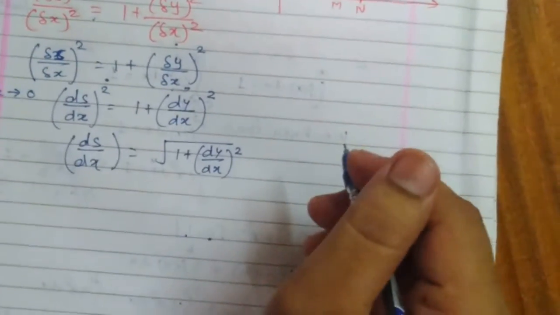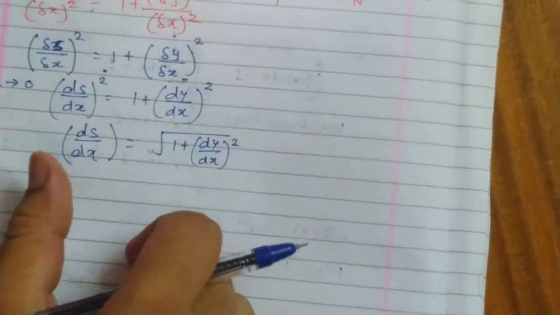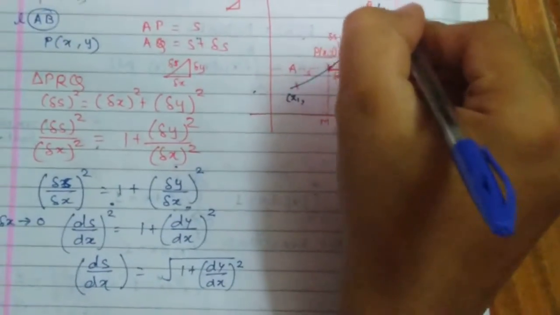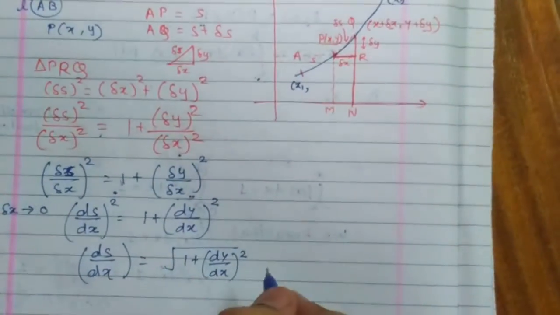Now, the point A has x coordinate x1 and the x coordinate at B is say x2.